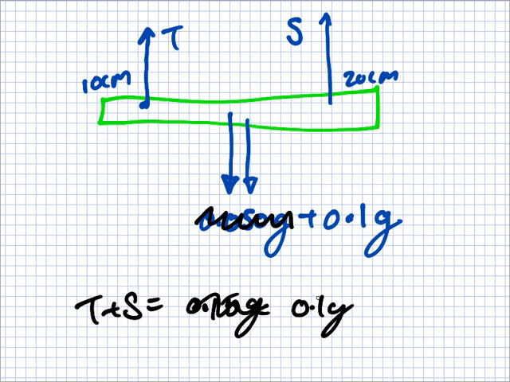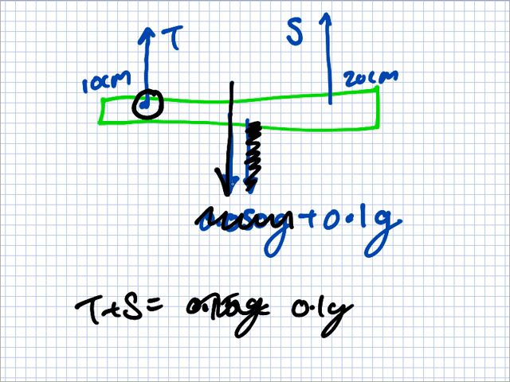Now, how should I get the second equation? What should I do to get my second equation, do you think? I could look at... What could I look at? Maybe the turning force? Where should I make my turning point? Yeah, I'll put it right here at the T, okay? So, this one here, I only have one of them.